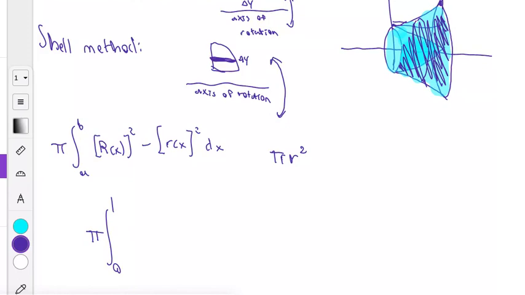Big R of x is going to be xe to the x squared because it's more outwards from the axis of rotation, while y equals -2x is below. After that, we're done writing this formula. The question only asks us to write but not evaluate an integral expression that gives us the volume. So now we're done with part B.